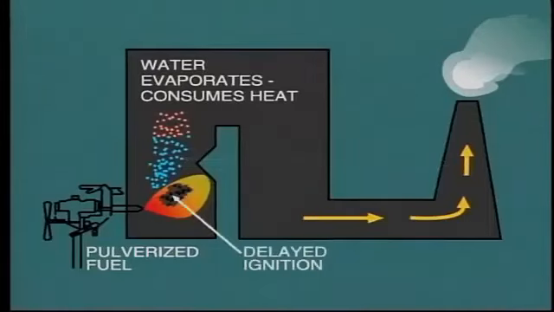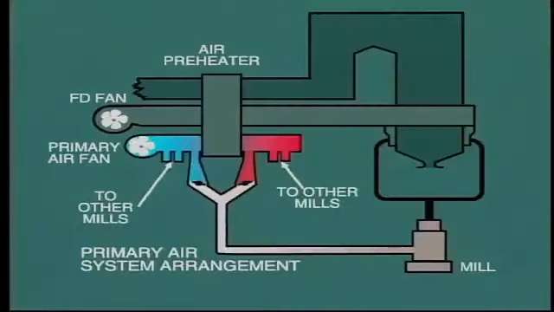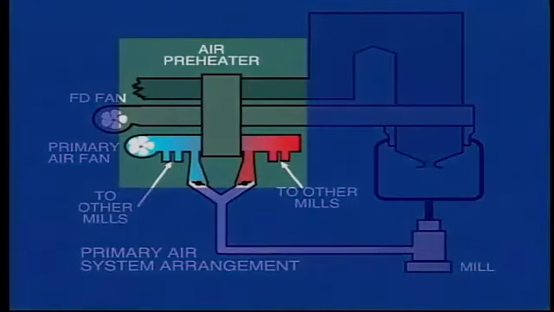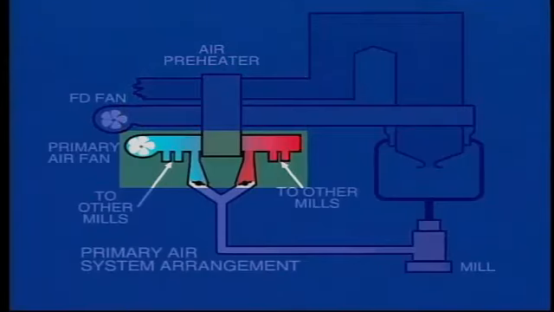The formation of vapor may delay ignition and so reduce the stability of combustion. In order to avoid this, some effort is made to dry or partially dry the fuel before it enters the furnace. One way of doing this is to heat the primary air so that evaporation of the moisture takes place before the mixture enters the furnace. Often, a dedicated hot section of the boiler air heater is applied specifically for this purpose.